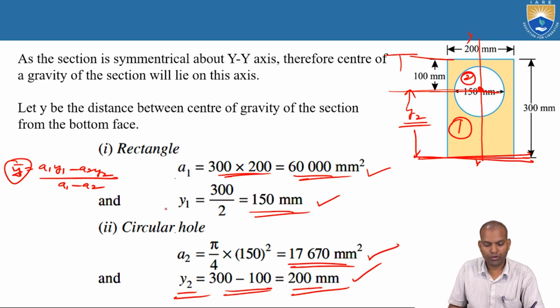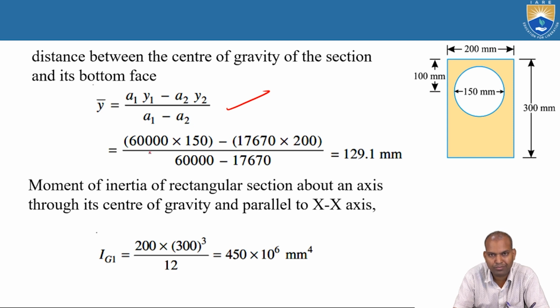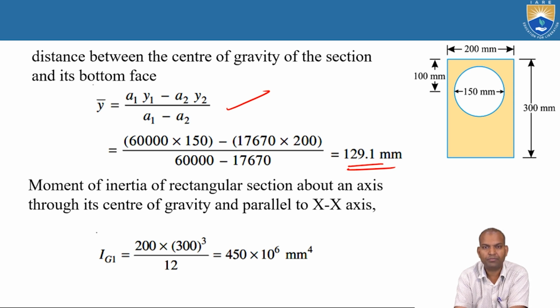Okay. Now we know the values A1, y1, A2, y2. If you substitute in the derived expression of bar y, that is A1 y1 minus A2 y2 by A1 minus A2, the obtained value of bar y is 129.1 millimeters.